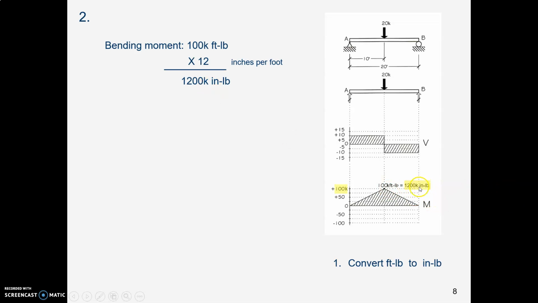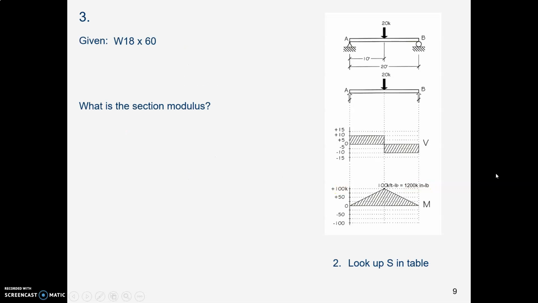Our maximum bending moment is 1,200,000 inch-pounds. If you like to write out all the numbers, which I sometimes do, 100,000 instead of 100K, well, now we're getting a lot of zeros. It's actually 1,200,000 inch-pounds. So for this problem, we might want to keep it in K to keep it simple.